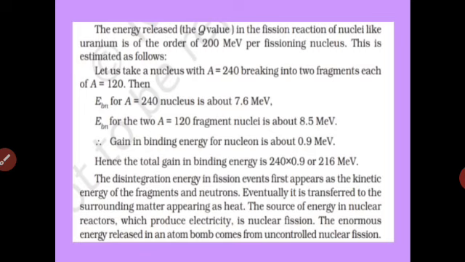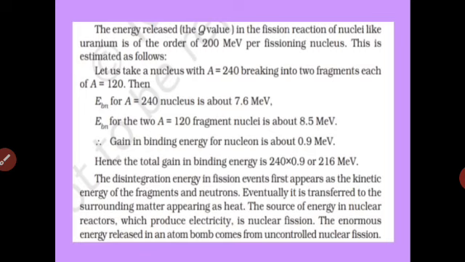A fission reaction, when carried out in a controlled manner in a nuclear reactor, gives us an enormous amount of energy which is converted into electricity and which meets our daily needs.